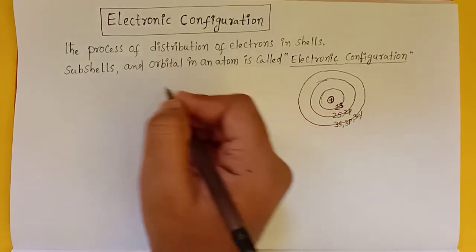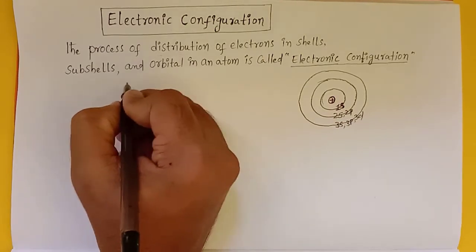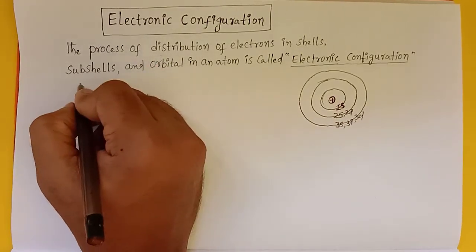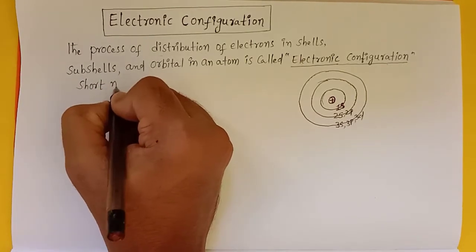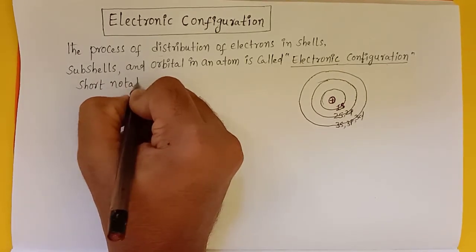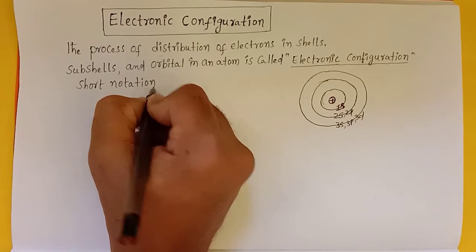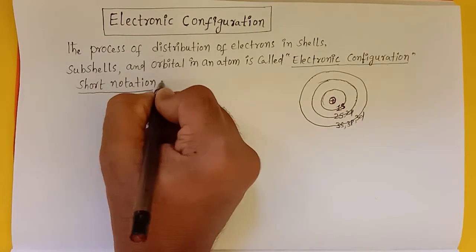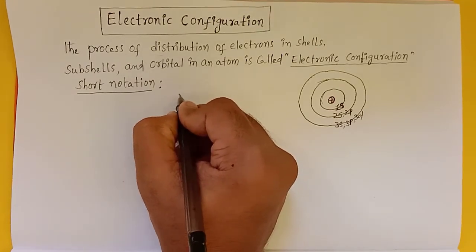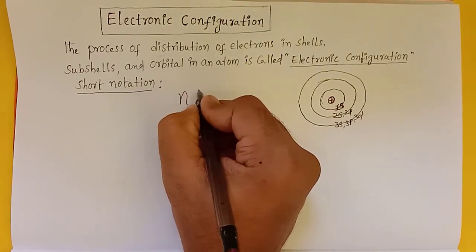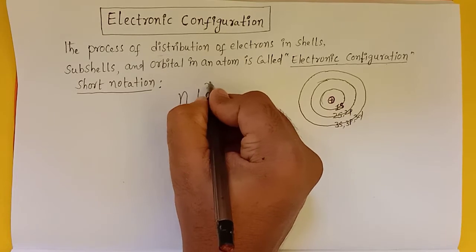To understand this, we have to take the short notation, which is very important. How can we represent the electronic configuration? The short notation for the electronic configuration is n l power x.